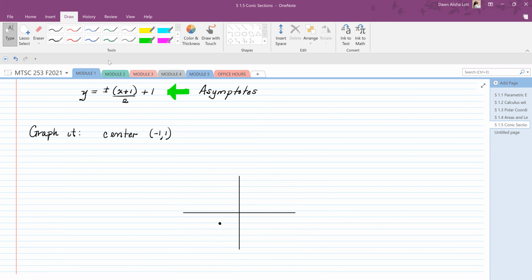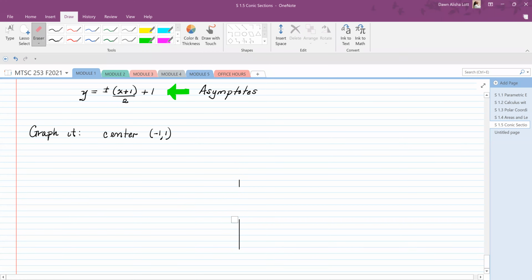It didn't move the dot. Interesting. Okay, so minus 1, 1 would be here. I'd like to lengthen this. Okay, this is going to get on my nerves, so we're going to draw it all over again.